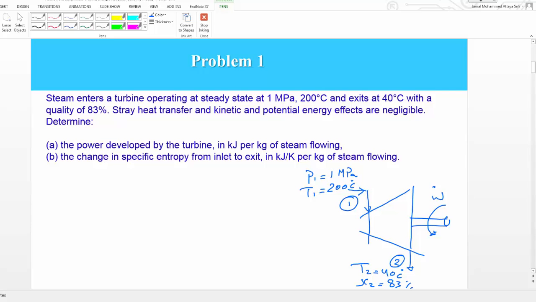Again, it's also two independent properties here, the temperature and quality, and that will definitely define fully the state.